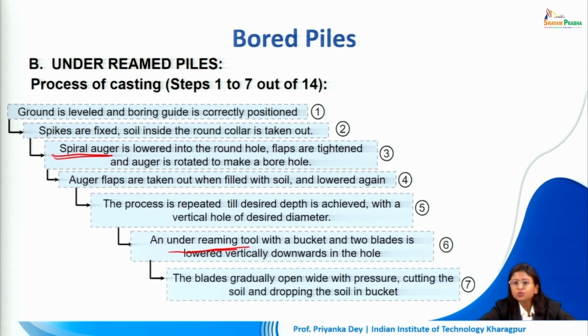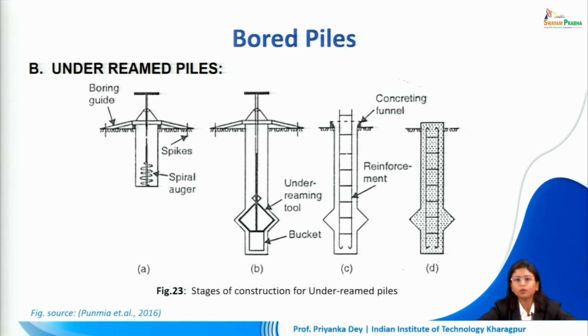The underreaming tool has a bucket attached to it and has two blades on its sides, and it is lowered into the ground. When it reaches the correct depth at which we want the bulb, we can use these rotated blades to create a bulb shaped opening in the ground, and all the soil that is excavated will fall into the bucket. So this is what it will look like.